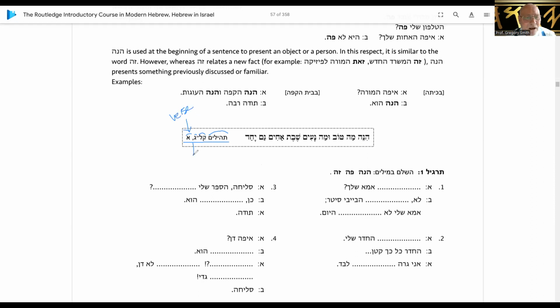And this gimel could be like 100. Let's see what 133 looks like. I want to see. 133.